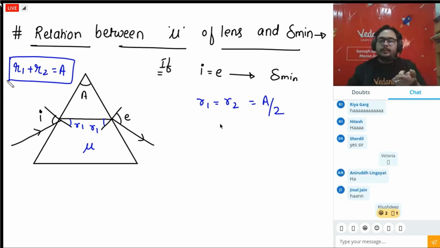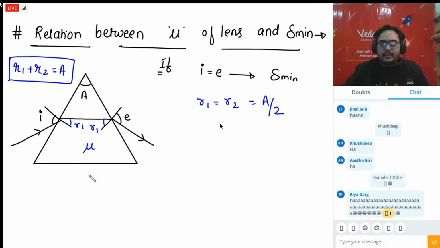Can I apply Snell's law on this surface? Yes, why not? What is the issue?